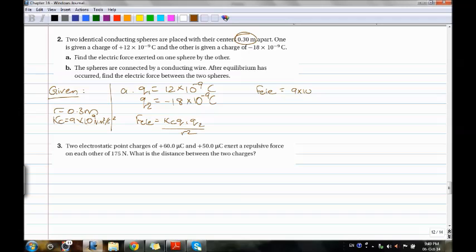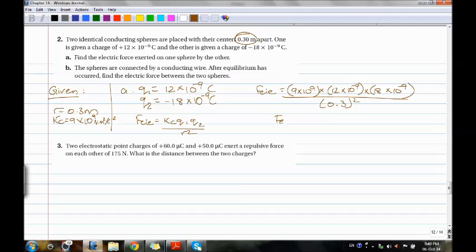So 9 times 10 to the power of 9 times 12 times 10 to the power of negative 9. We ignore the negative for the number here, not for the power. Times, so ignore the negative, it's going to be 18 times 10 to the power of negative 9. And then R squared, which is 0.3 squared.